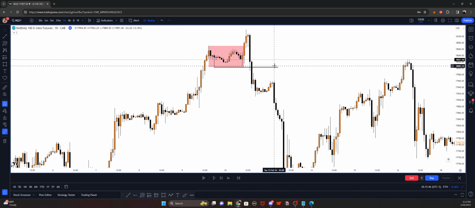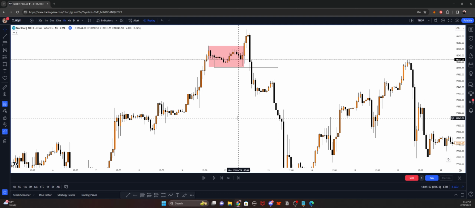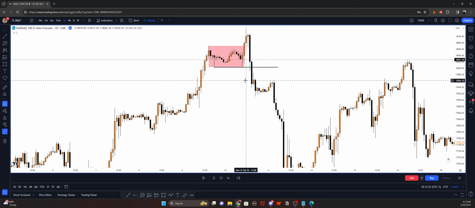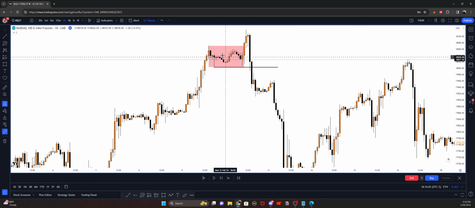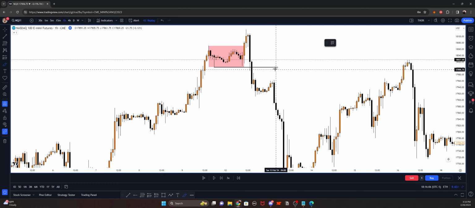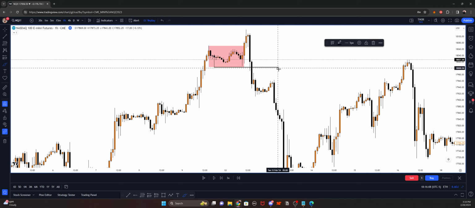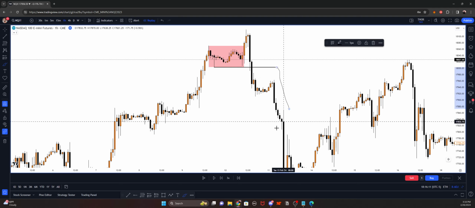So preferably it shouldn't even touch there. If it does so, because sometimes the PD arrays will allow it, so you're not going to see this order block here. It's going to be a down close candle, so you'll have a couple fair value gaps. In that case, it could come back into the range. However, it should react to the range low very sharply. It shouldn't go into the range.